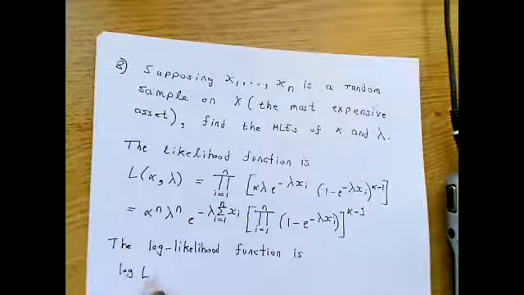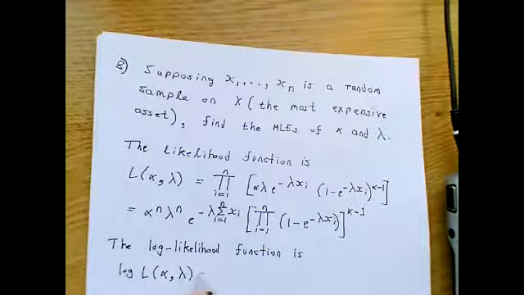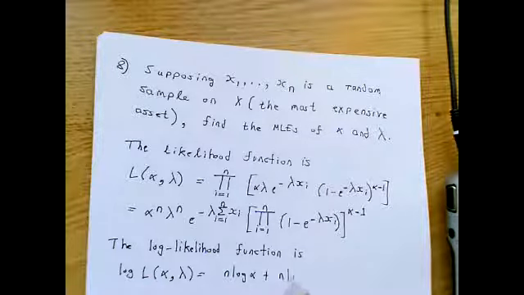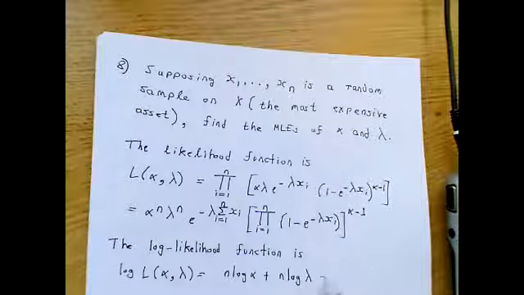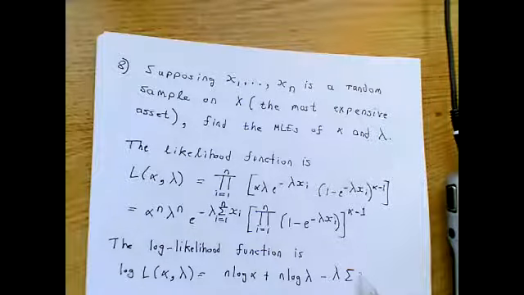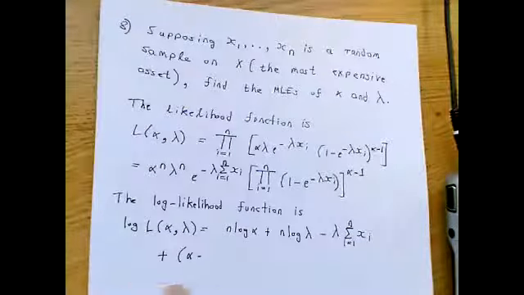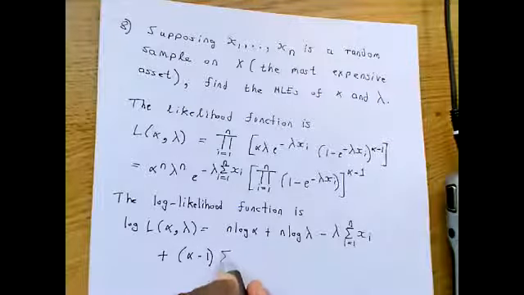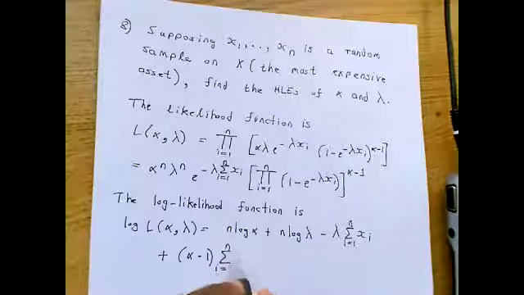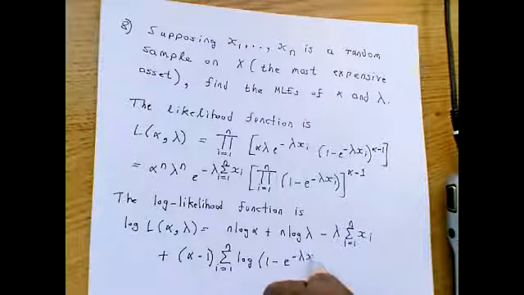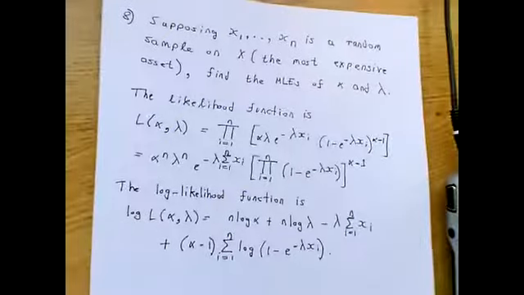So you take the log of the likelihood, you get n log alpha plus n log lambda minus lambda times the sum of xi, plus alpha minus 1 times the sum of log of 1 minus... okay. So this is the log likelihood.